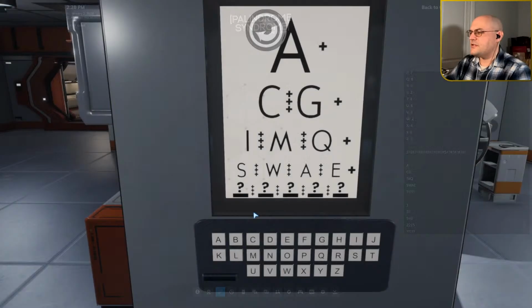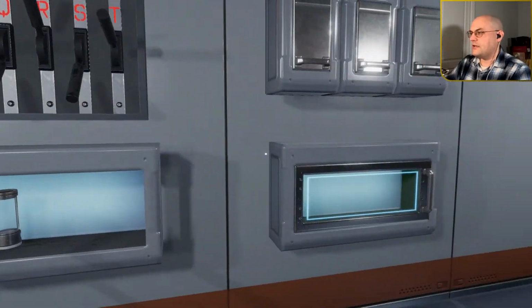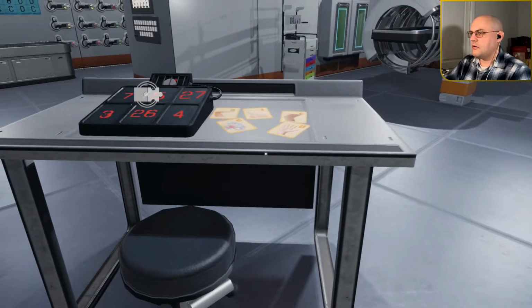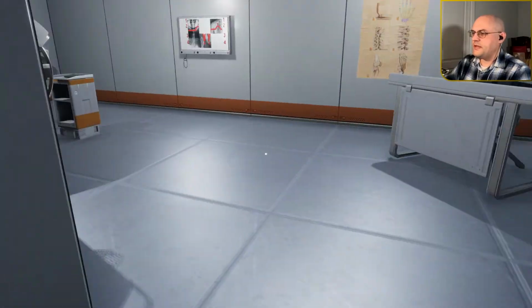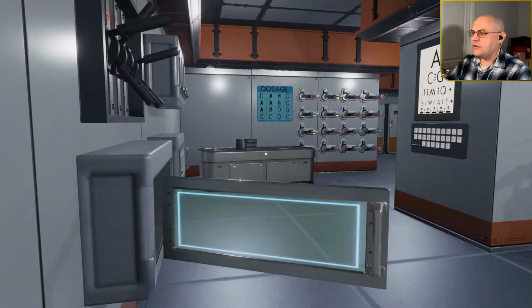And then the answer is a 5-digit word, or 5 letters, more correctly. And this will presumably spit out the missing card we need. And then we'll be able to do this and get our lever.